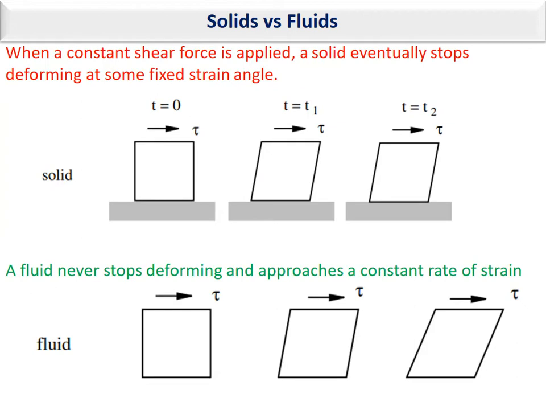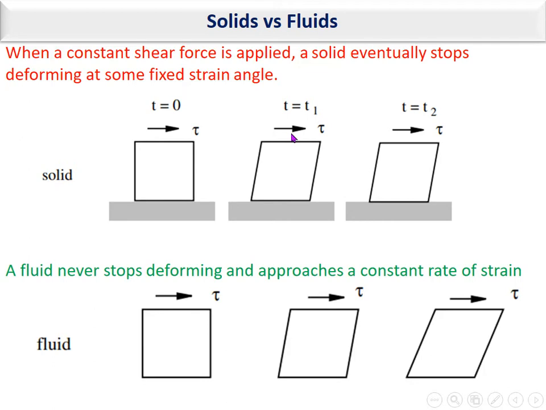You can see here the first difference we discussed, in a graphical form, which may help you understand it better. When a constant shear force is applied, a solid eventually stops deforming at some fixed strain angle, as you can see in the top picture. In the top side here, there's a solid under a shear stress tau, and this is time zero when the stress starts to be applied and will remain further on.